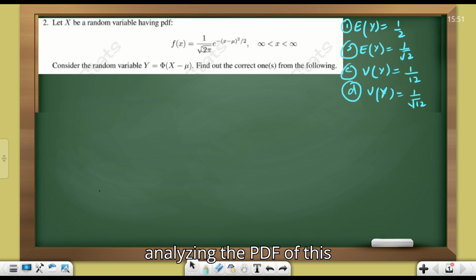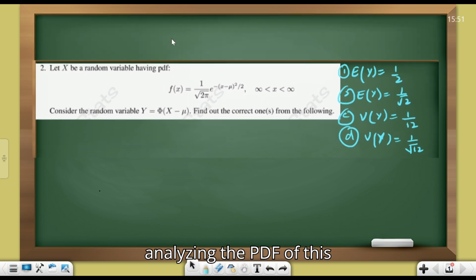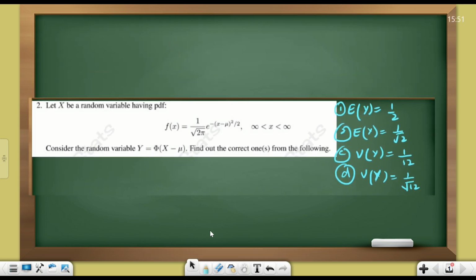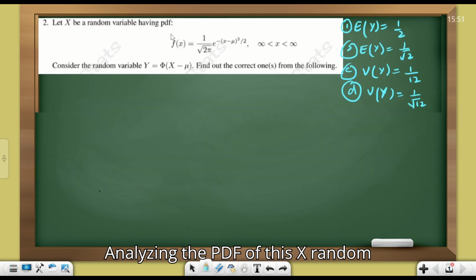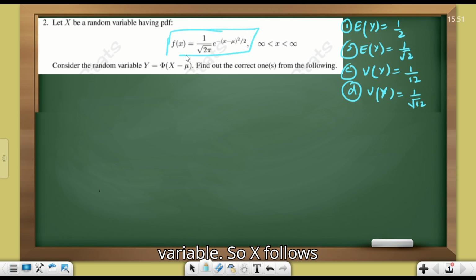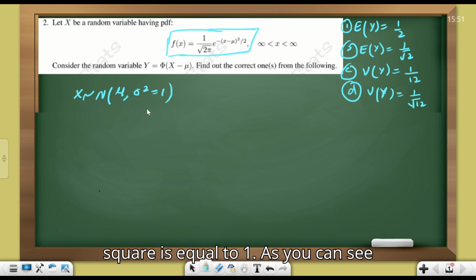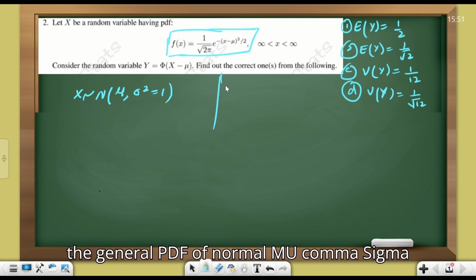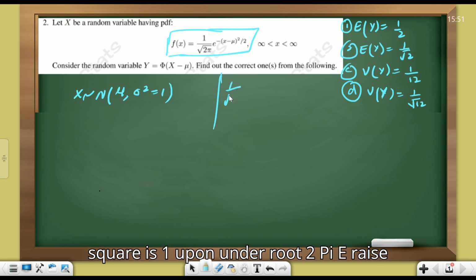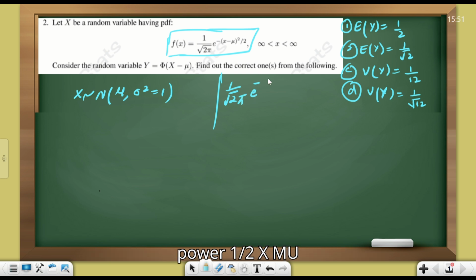Analyzing the PDF of this random variable x, the general PDF of normal(mu, sigma square) is 1 upon under root 2 pi, e raised to the power minus 1 by 2 times (x minus mu upon sigma) raised to the power 2.